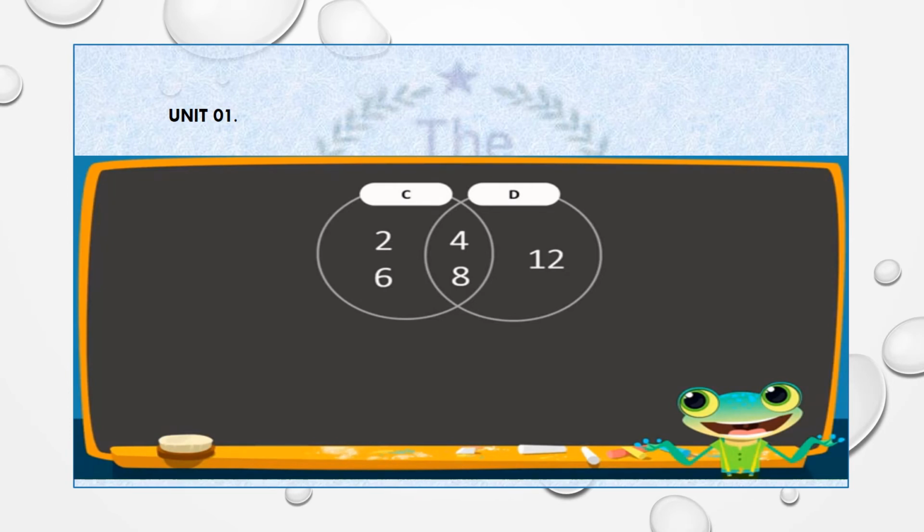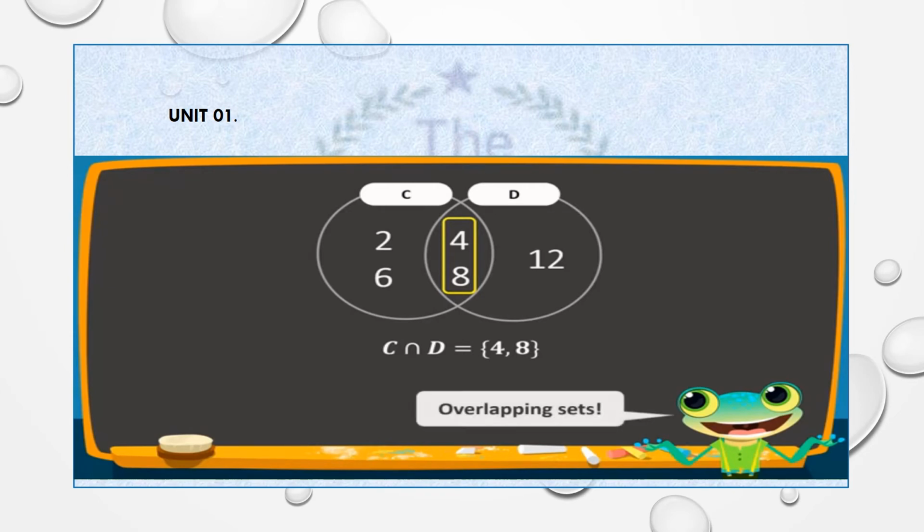Observe that elements 4 and 8 are common to both sets, so that C intersection D contains these two elements. Further, C is not a subset of D, since some of its elements are not in D. Similarly, D is not a subset of C either. Therefore, C and D are overlapping sets.